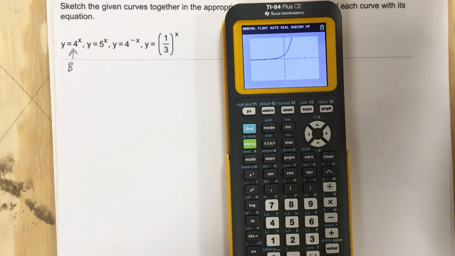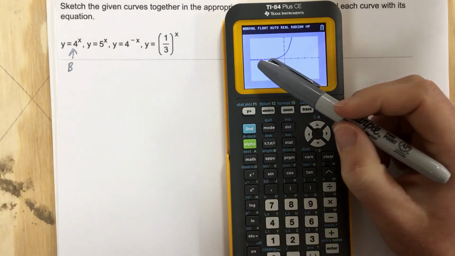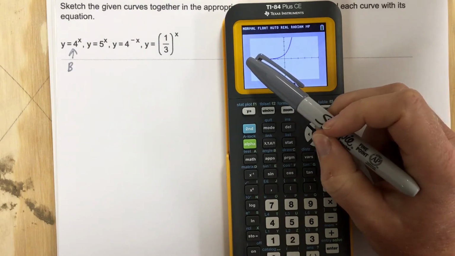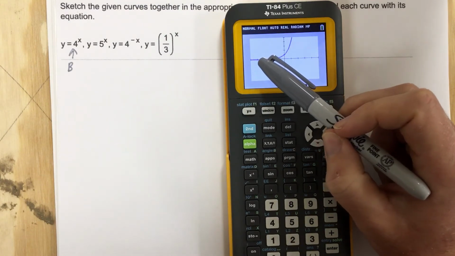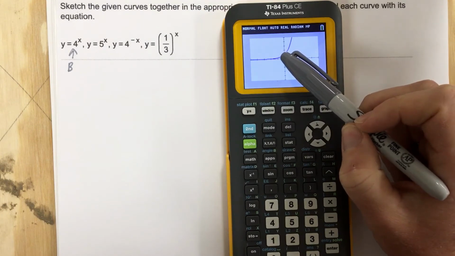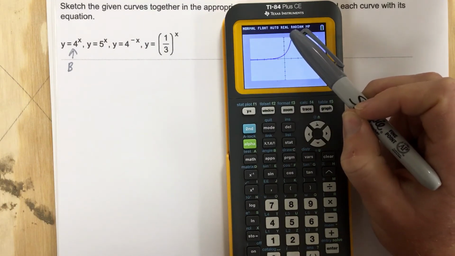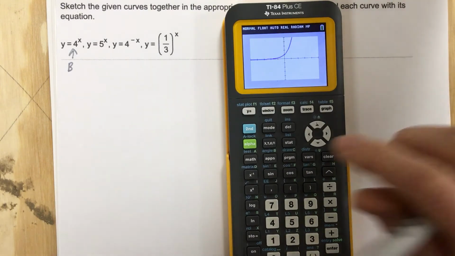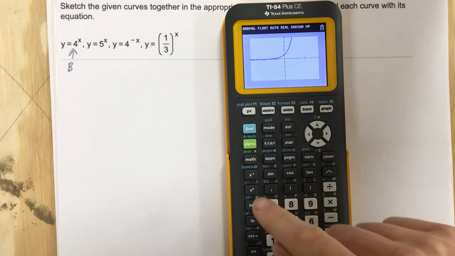Because any base to the 0 power is 1. So a normal exponential will start and get really close to 0 on the left side as it gets close to negative infinity, and then it's going to bend upwards going through 1 on the y-axis, and then bending upwards quickly after that. So let's graph y equals 5 to the x, and see what the difference is.